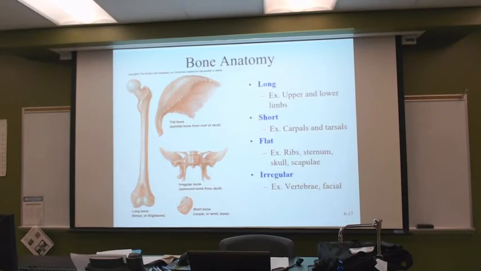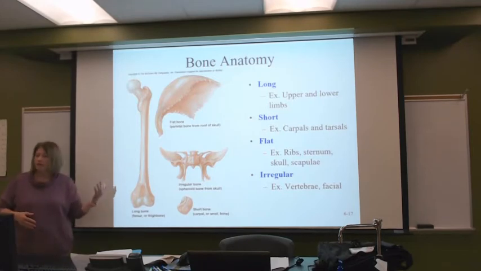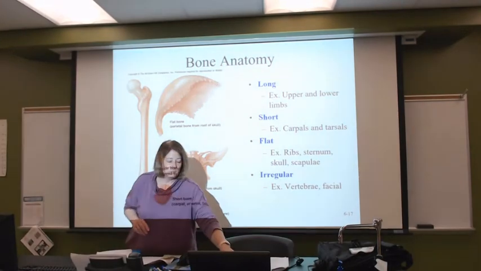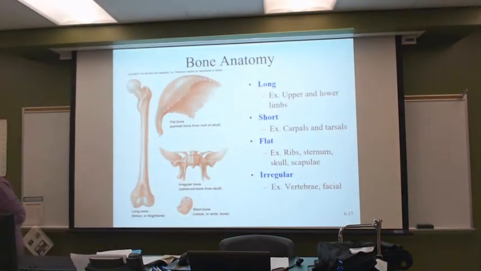The way that we're going to classify bones, we're going to classify them as being long, short, flat, or irregular. So all the bones of the body will fall into one of these classifications. A long bone, for example, the humerus that I'm using.